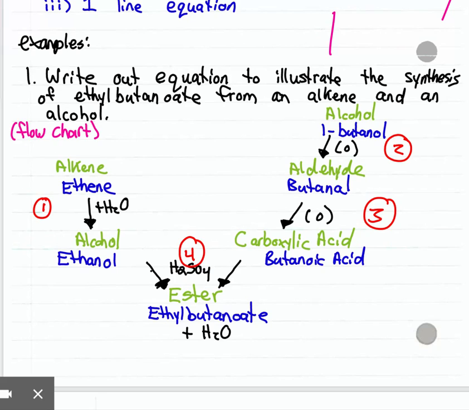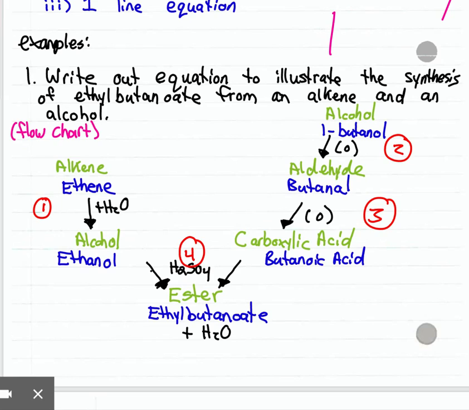And then to get a butanal, you get an aldehyde from the oxidation of 1-butanol. So that's all a multi-step synthesis is, showing the series of reactions it takes to get a product from two starting points.